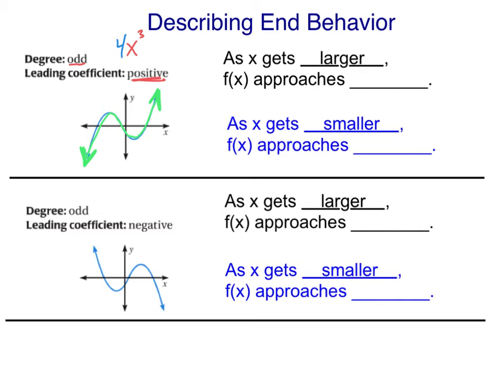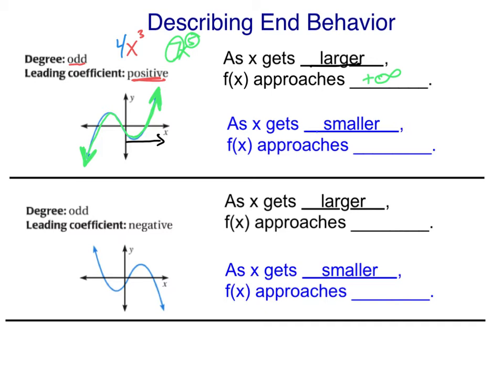And I'm really looking at what my arrows are at the end. So as x gets larger, as x goes this way, what direction is the graph going? Notice the graph is pointing up. So f of x approaches positive infinity. That's for odd positive. Any odd positive function, right? If I had 7x to the 5th, that is an odd positive function. And that would be your sentence: as x gets larger, f of x approaches positive infinity.